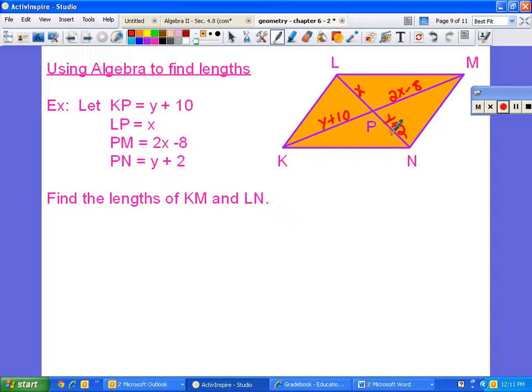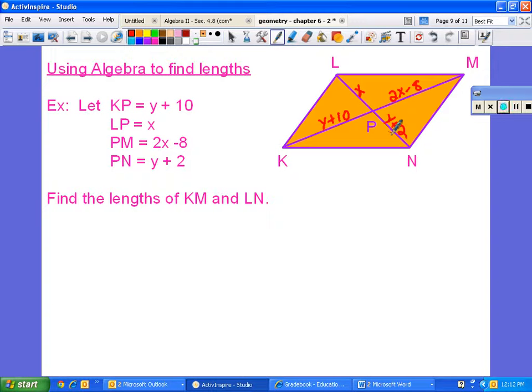Okay, so what do we know? What do we know about these two line segments? What do we know about LP and PN? They are equal in length.